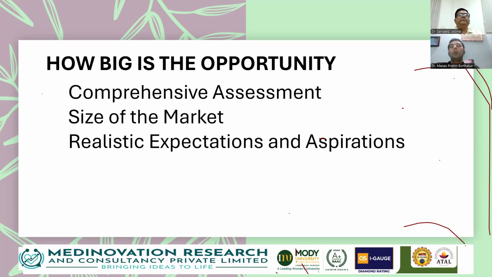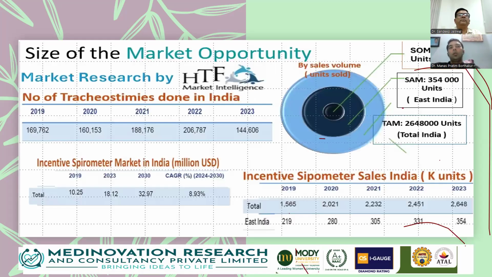For example, the spirometer market, this is the analysis we have done for our product. So tracheostomies, actually the market, there are market research organizations which do market research for you, as it is not our domain. So we have outsourced it to certain professional market research organizations, and they have given us the data.